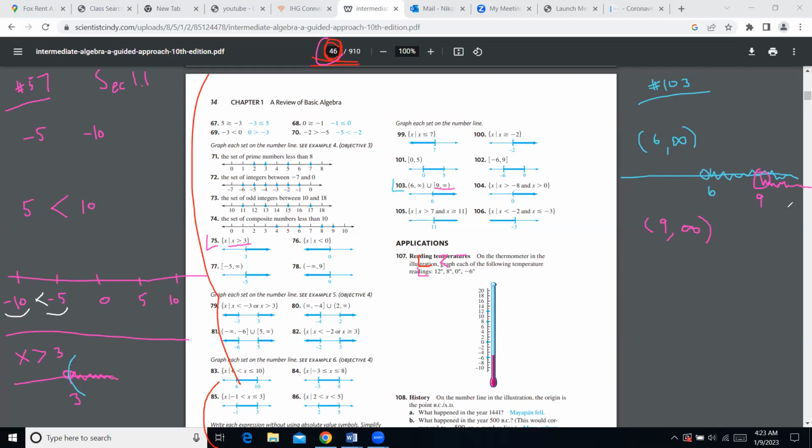And what they want you to do is take the so-called union. The union symbol stands for taking both at the same time. And it turns out the union is going to be the greatest set here, which starts at 6 and goes to 9.